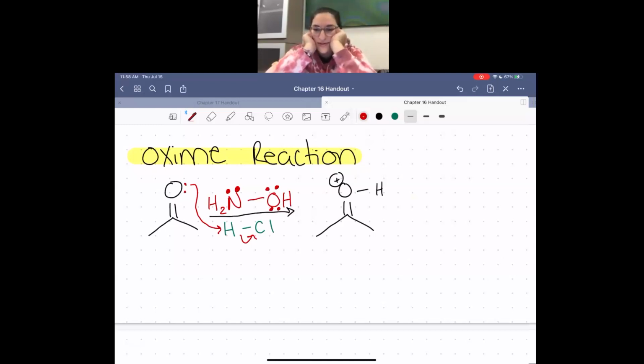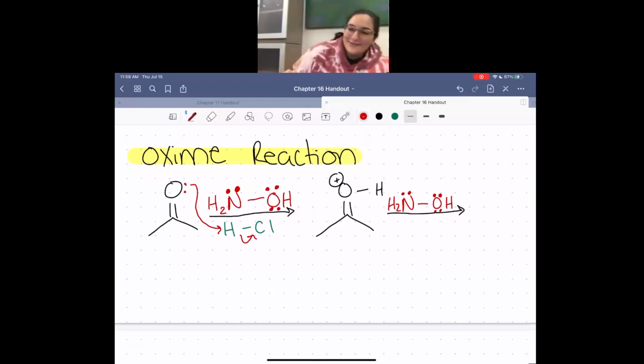What do y'all think? Who's going to be our nucleophile? And remember, if you get it wrong, nothing bad is going to happen. Some people said nitrogen, but a majority of people said oxygen. So let's talk about that real quick.